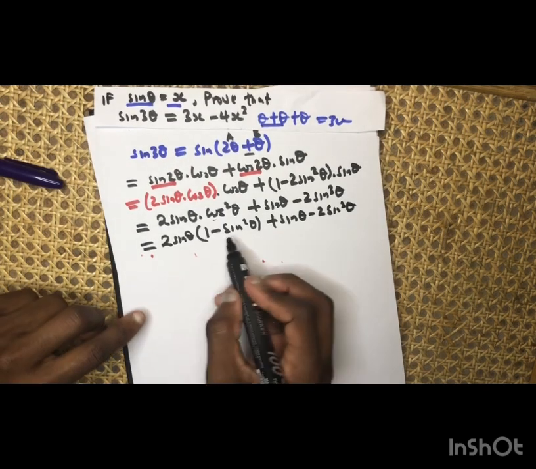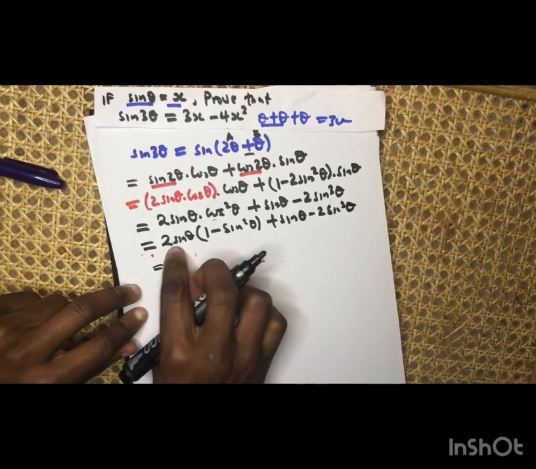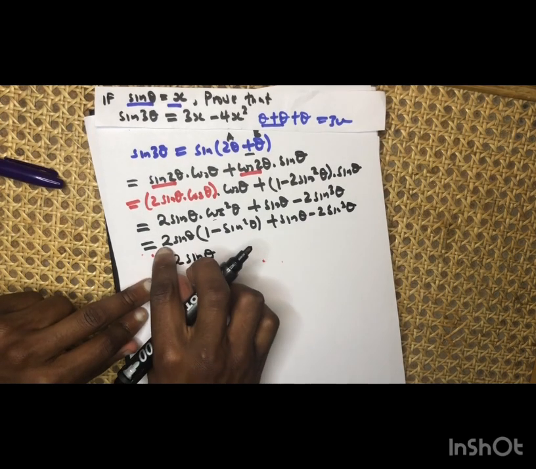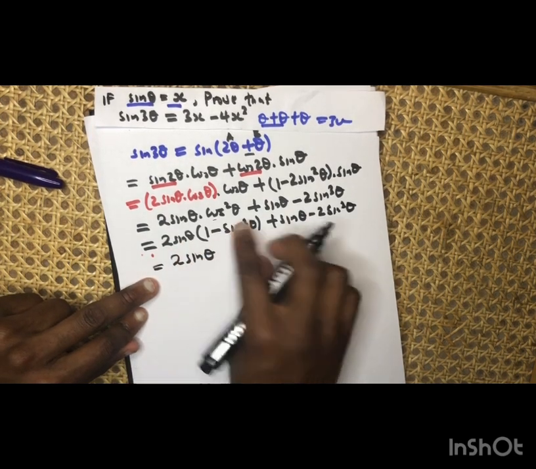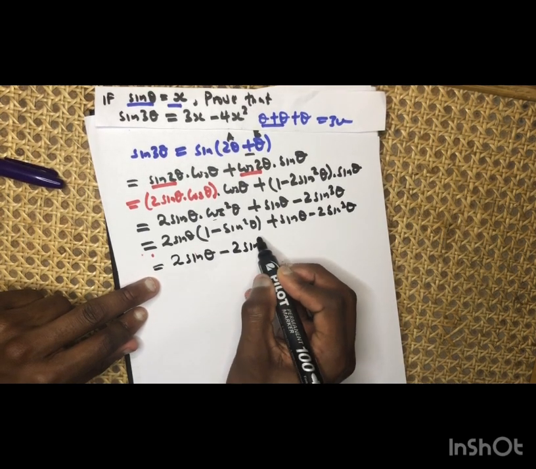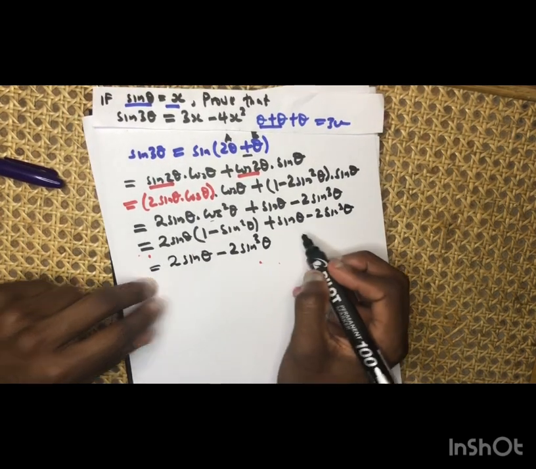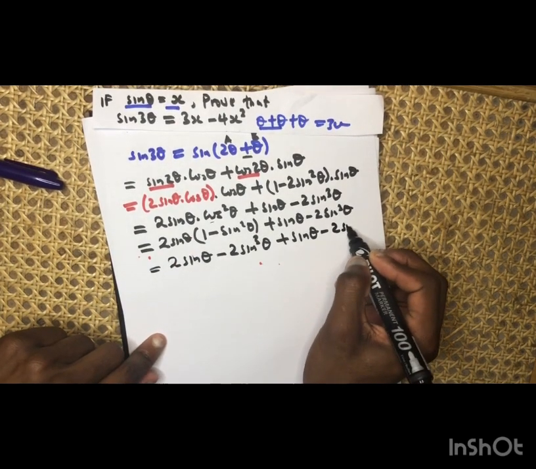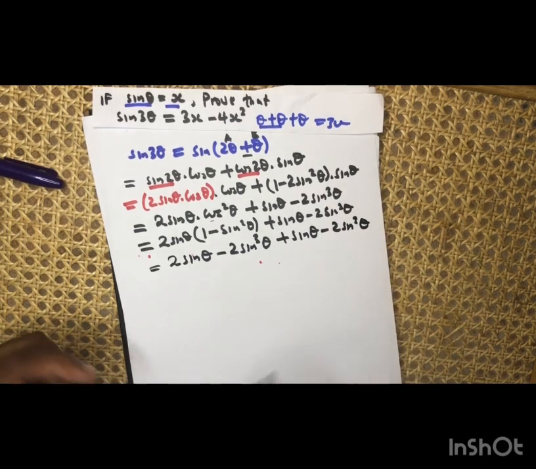So if I open the brackets here, it's going to be 2 sine theta times 1. You're going to get 2 sine theta. So 2 sine theta times negative sine squared theta is going to be negative 2 sine cube theta. Then we have plus sine theta minus 2 sine cube. Understand?